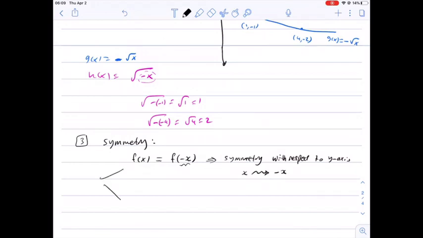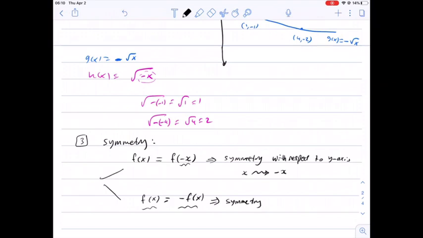This is the first thing. The second thing: if we multiply the function by a negative sign, we still have the same function. The function will not be affected.